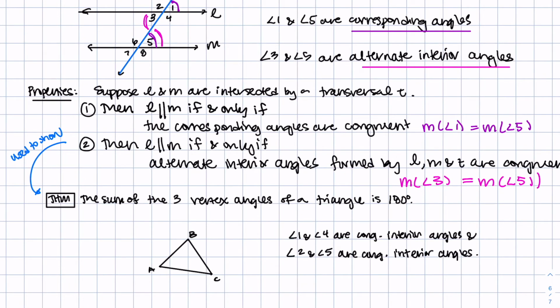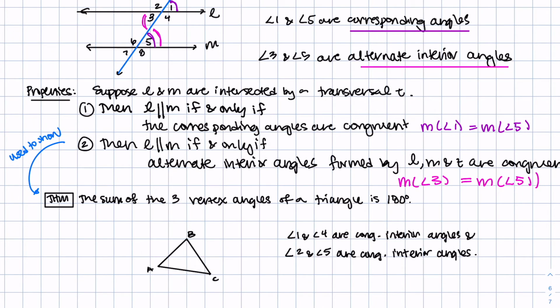The way we would show this is we want to extend the lines that create this triangle on infinitely. So we're going to continue line segment AB on forever. Pretend it keeps going. Let's continue the line segment BC on forever, and let's continue the line segment AC on forever as well, or at least a little bit further.